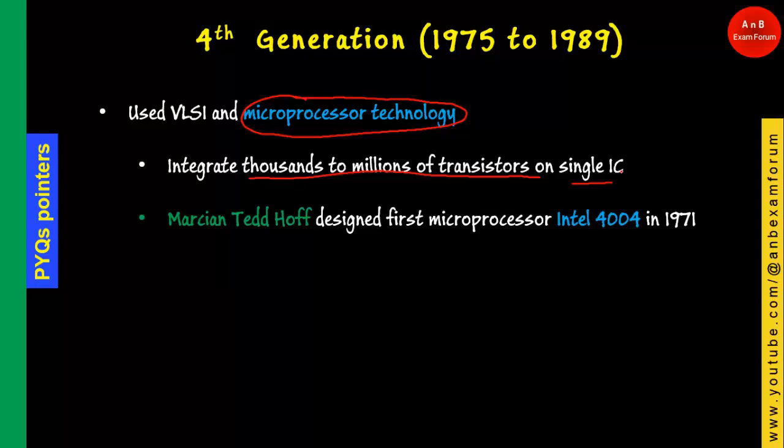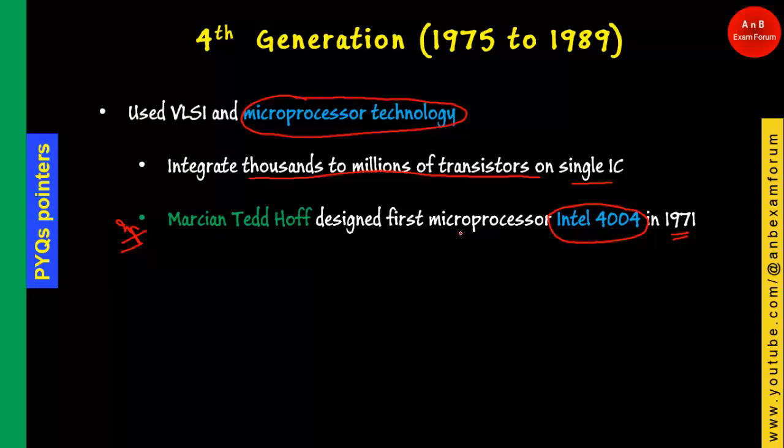So this is the technology used in fourth generation, and this is a very important fact. And this question we have seen in the SSC exam, like the first microprocessor name. Okay, so the first microprocessor was developed in 1971, and it is Intel 4004.